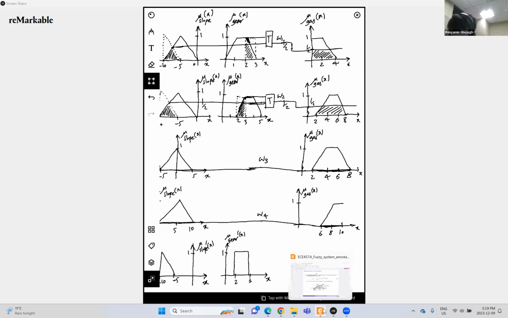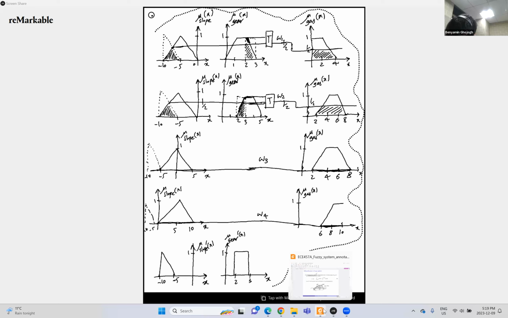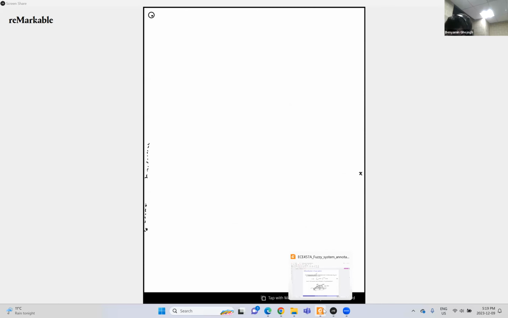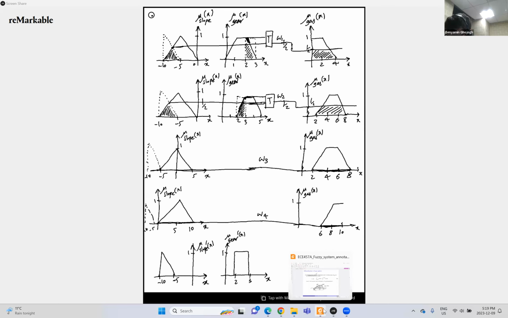I need to copy this because it's very big. I don't know how to copy the whole thing. It's very big, I can't copy. Anyways, let me pause it here.